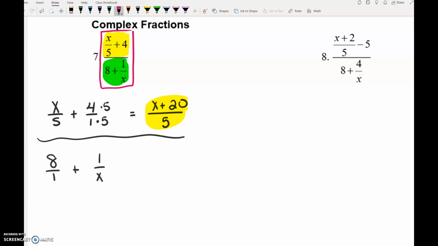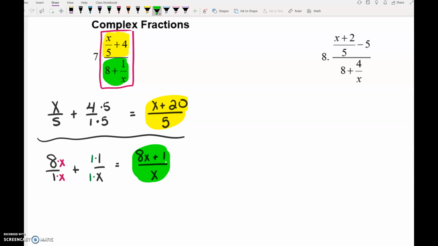What does the first fraction need? It needs the x so that they both have x. You could say the other one needs a 1, but times 1 doesn't change anything. Our common denominator is x. On the top, we have 8x plus 1. So that's the result of the bottom.